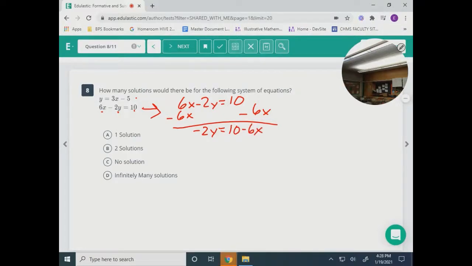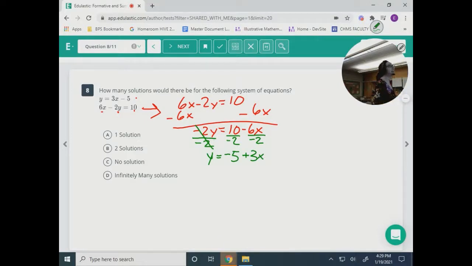To get a single y, I divide each term by negative 2. Then I'm left with y is equal to negative 5 plus 3x, since negative 6 divided by negative 2 is a positive 3x.